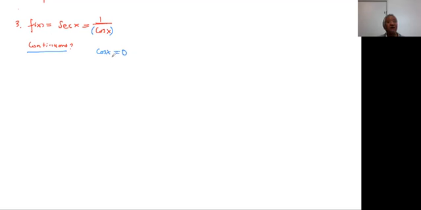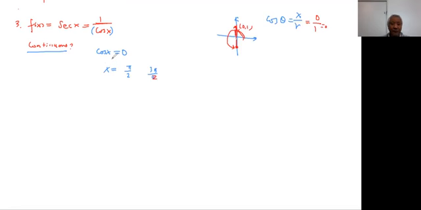So if you exclude those x values, you can find out where the function is continuous. When cosine equals 0, x equals either pi over 2 or 3 pi over 2, and it keeps going. How do you represent this in general form?